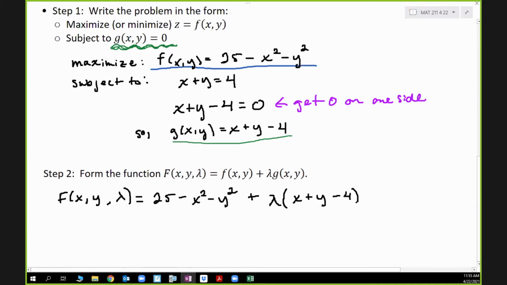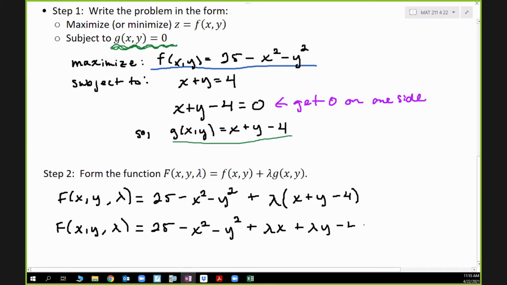So we have x, y, and lambda in this function. It's not necessary to distribute that lambda, but it'll probably help in the next step. So I'm going to go ahead and do that. So we're going to have lambda x plus lambda y minus 4 lambda.